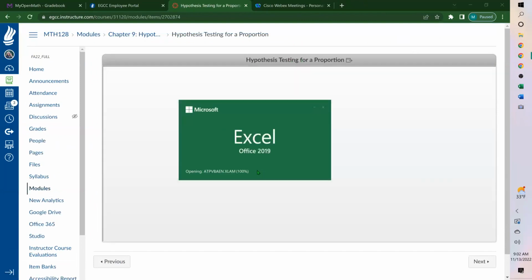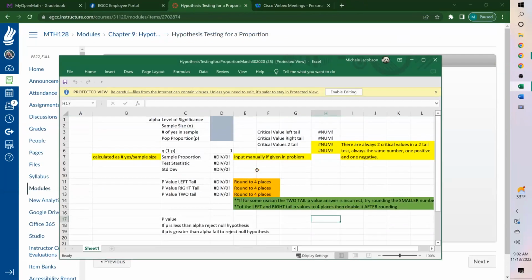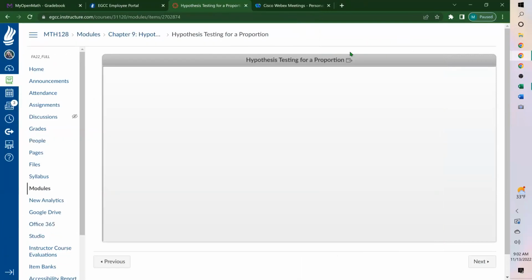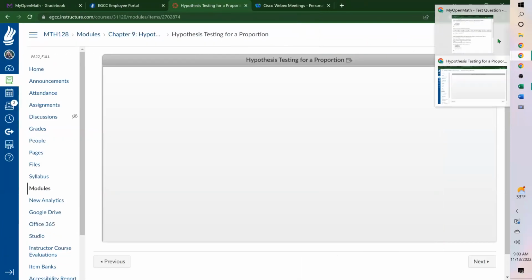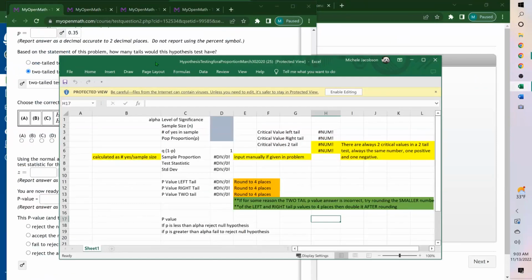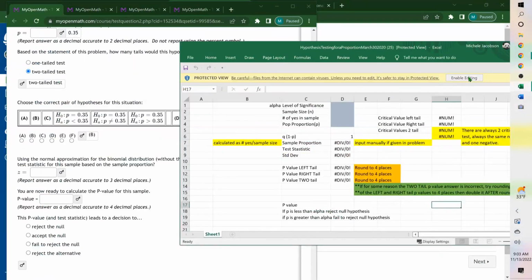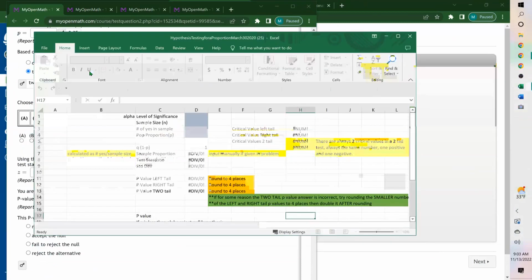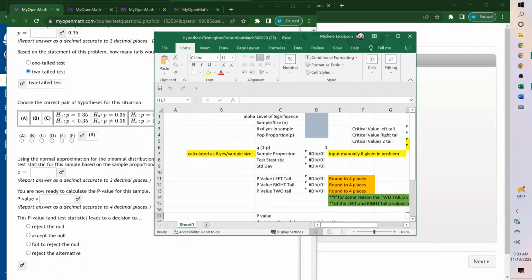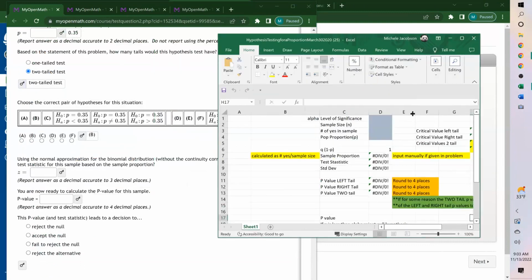Mine's opening automatically. Enable editing, make it a little smaller, and then we plug our values right here in the gray.